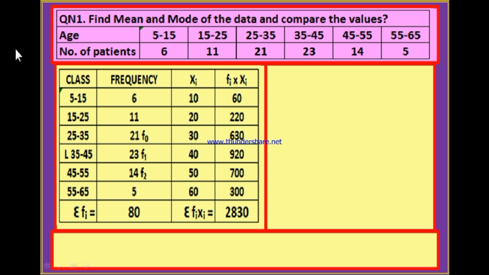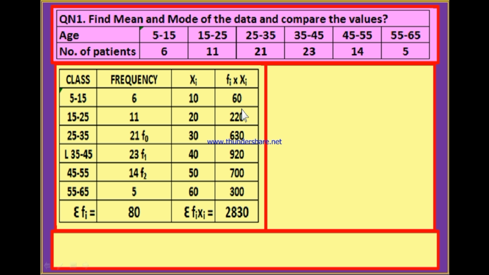You see here 6 into 10, 6 tens is 60, 11 into 20, 220, 21 into 30 is 630, 23 into 40, 920, 14 into 50, 700, 5 into 60 is 300.